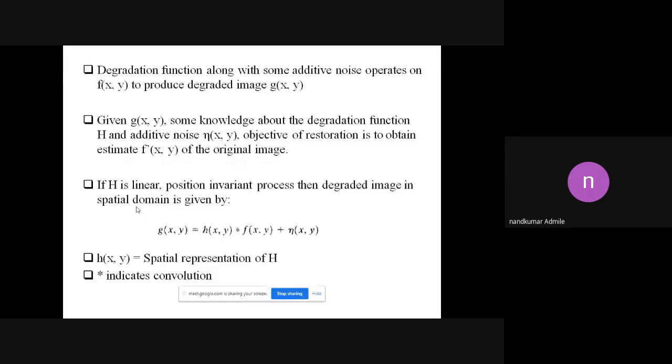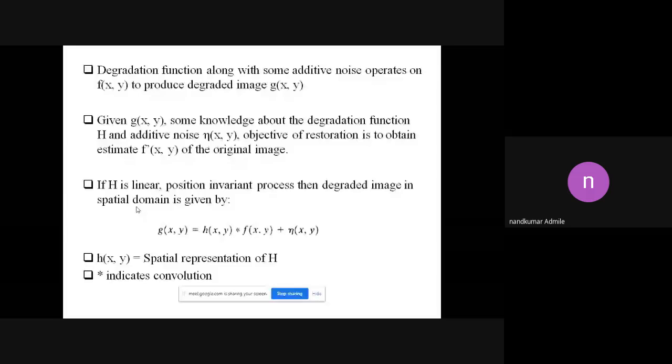Basically, image restoration can be used to remove the noise from the image. We know the concept of image enhancement.